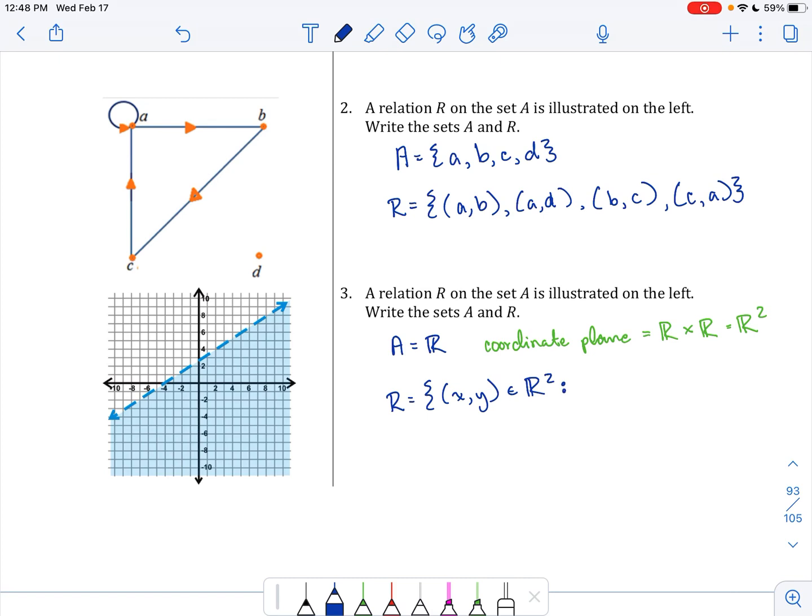And here I'm looking at a linear inequality, so I will say where y is less than, because we have a dotted line here and it's shaded below that line. And then I'll write in the equation for that line. I'm just going to use 2 points that I see on the line. So in this case, I see it has -4 here and -1, +2 there.